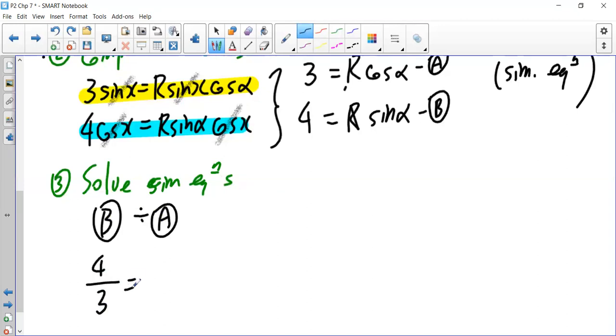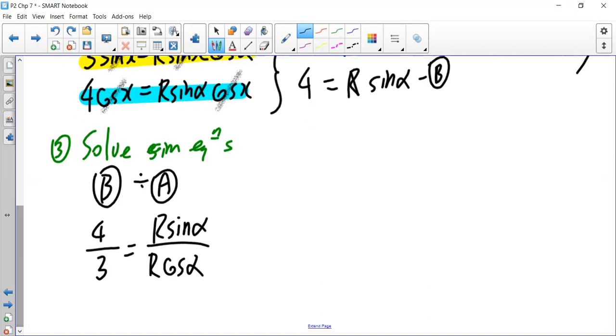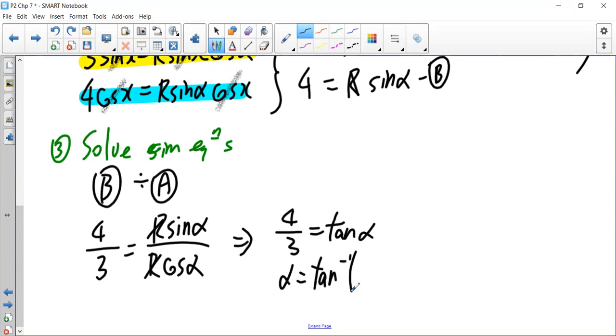So 4 over 3 equals R sine alpha over R cos alpha. By simplifying R and R, that gives us 4/3 equals tan alpha. So alpha equals arctan of 4/3. Put it in a calculator, it is 53.1 degrees, 1 decimal place as the question needs.